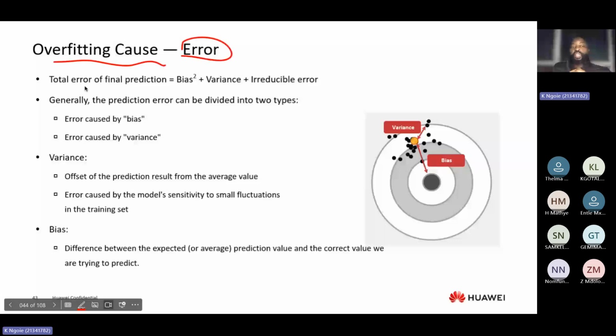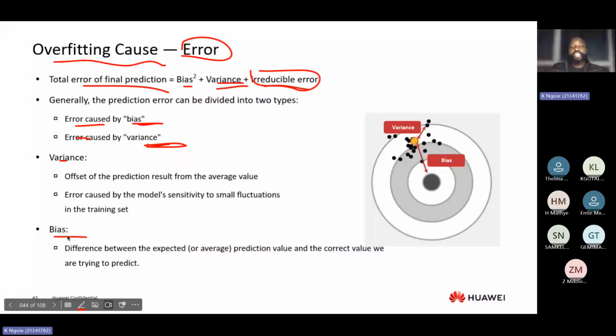The total error of the final prediction is calculated as the bias squared plus variance plus irreducible error. So the only error that we will accept in machine learning is the irreducible error, but everything else needs to be adjusted. Generally, the prediction error can be divided into two types: error caused by the bias and error caused by the variance. So what is the variance and what is the bias?